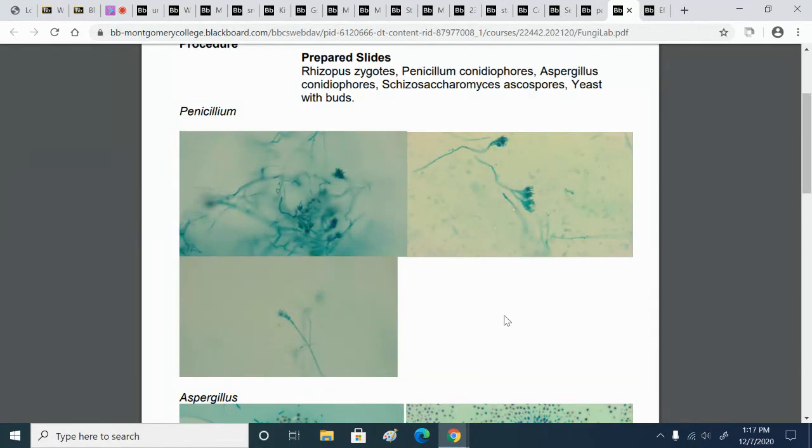What can you tell me about fungal spores and their chromosome number?